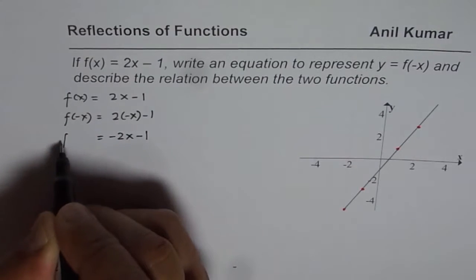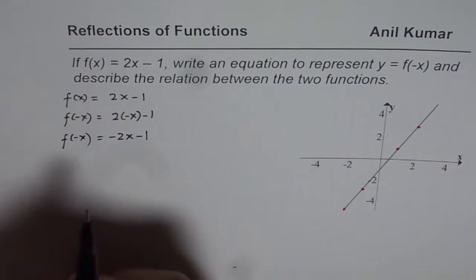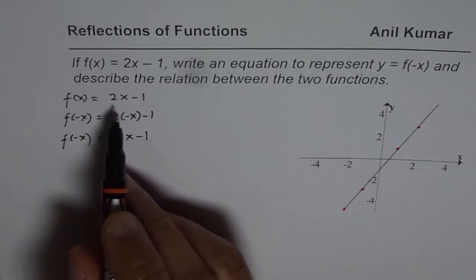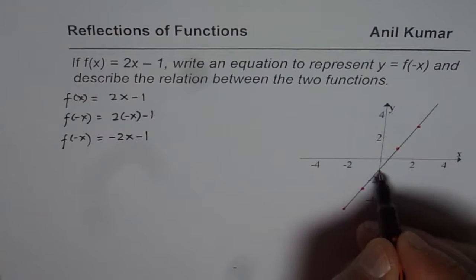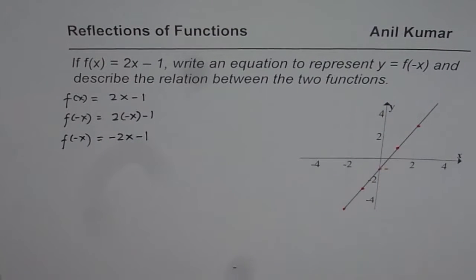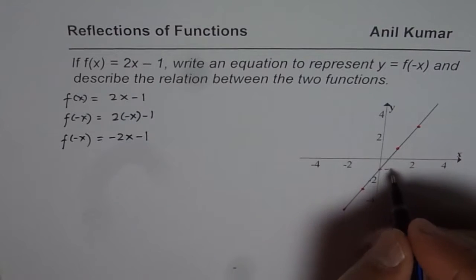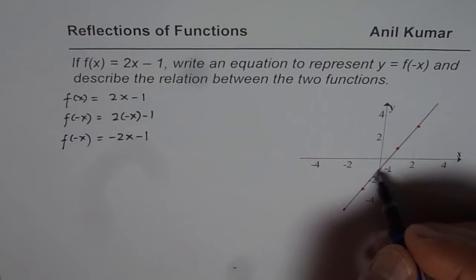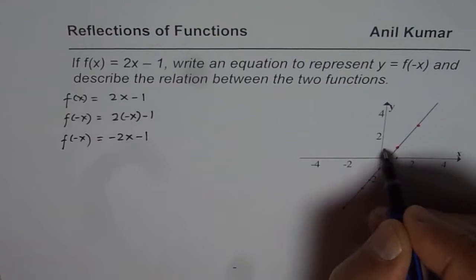Do you see the change? So f of minus x is very different from what f of x is. Now we already have the function f of x, which is 2x minus 1, graphed here. So this point is minus 1, and then with a slope of 2, the next point at 1 is 1.